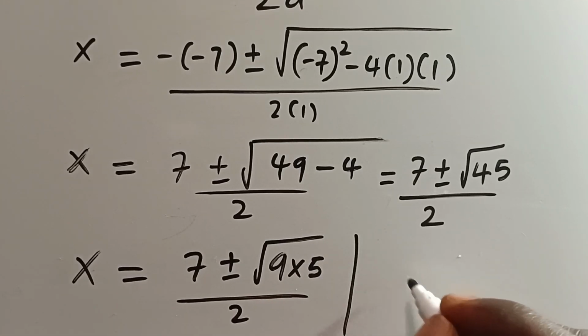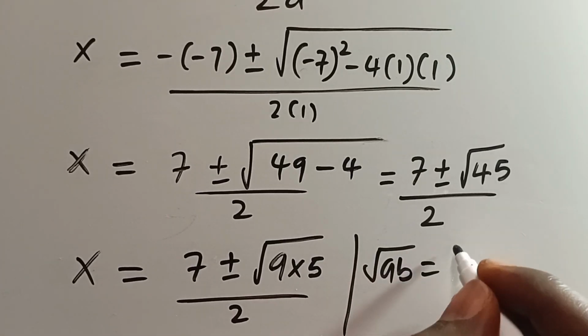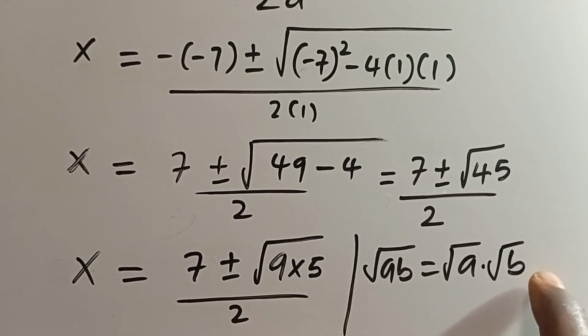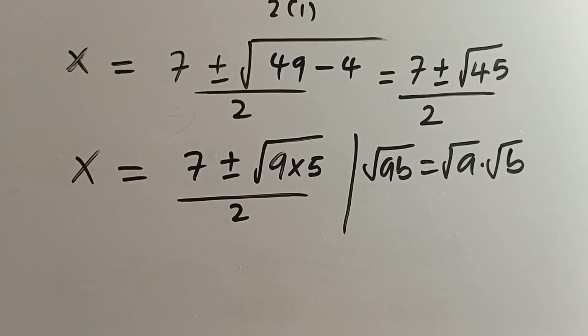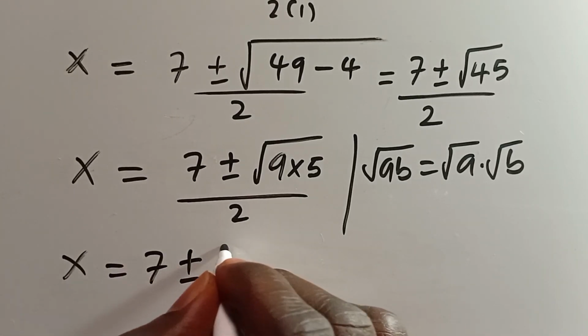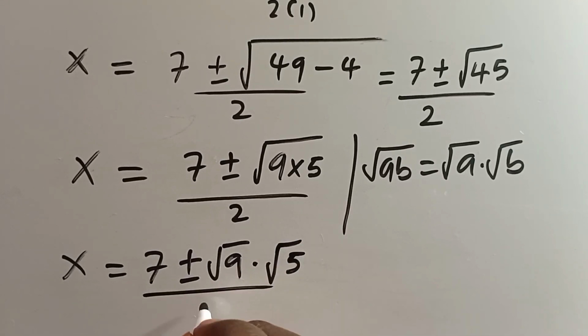Then let us recall that when we have root of AB, it equals root A multiplied by root B. So from here, we are going to have x equals 7, positive or negative, root 9 multiplied by root 5 divided by 2.